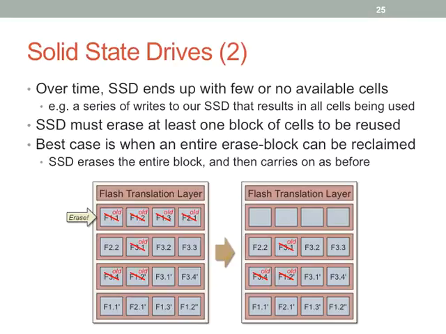Okay. So I take all of them and I wave the magic wand at them, and they all get erased at once, and now I can use them. And so here I write to F2.1 again, and you can see, no, actually I wrote to F1.2. I guess I'm dyslexic.